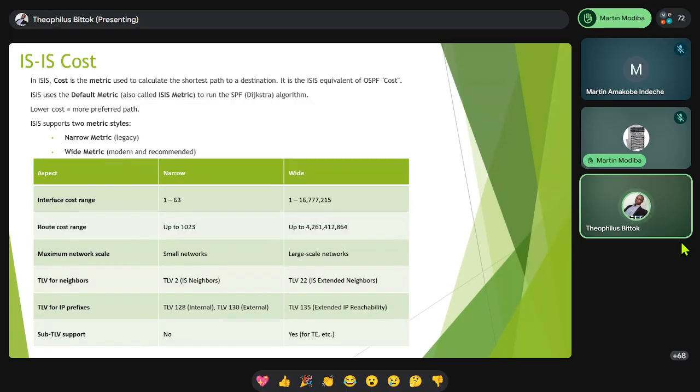So if I've employed a narrow metric on my ISIS, the cost I can configure is between 1 up to 63. If I've used a wide metric, I can configure 1 up to 8 million.